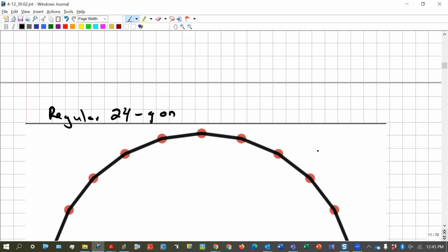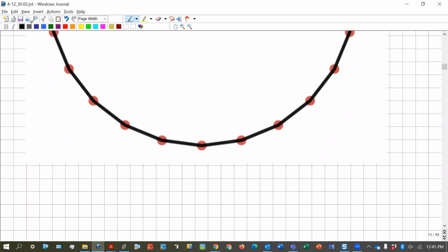And in this problem, each exterior angle we were given measures 15 degrees. And each interior angle, if we wanted to figure that out, that would have to be 165 degrees so that they add up to 180.